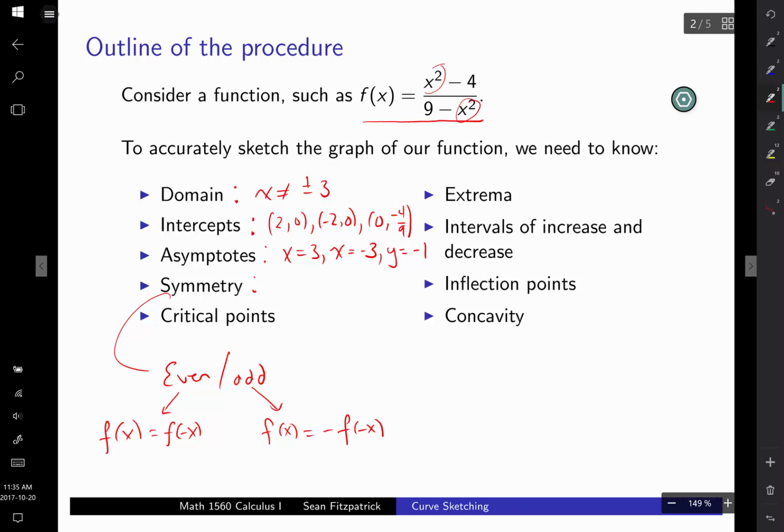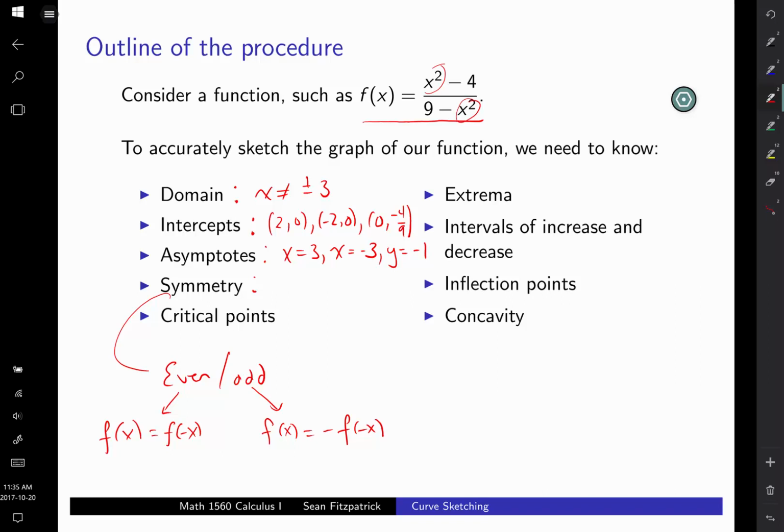Okay, and this has some implications for what the graph looks like. For an even function, the graph when x is less than 0 is just the mirror image of the graph when x is bigger than 0. You reflect across the y-axis.